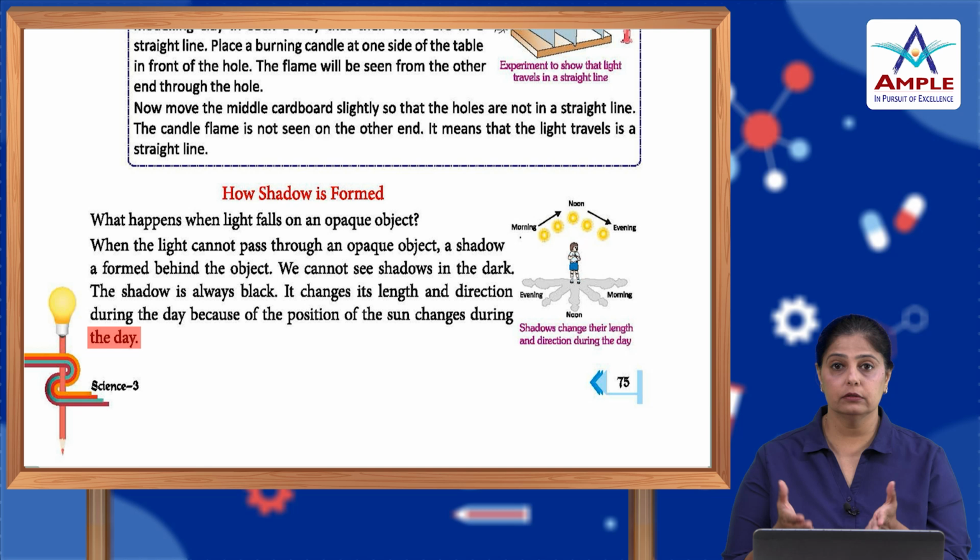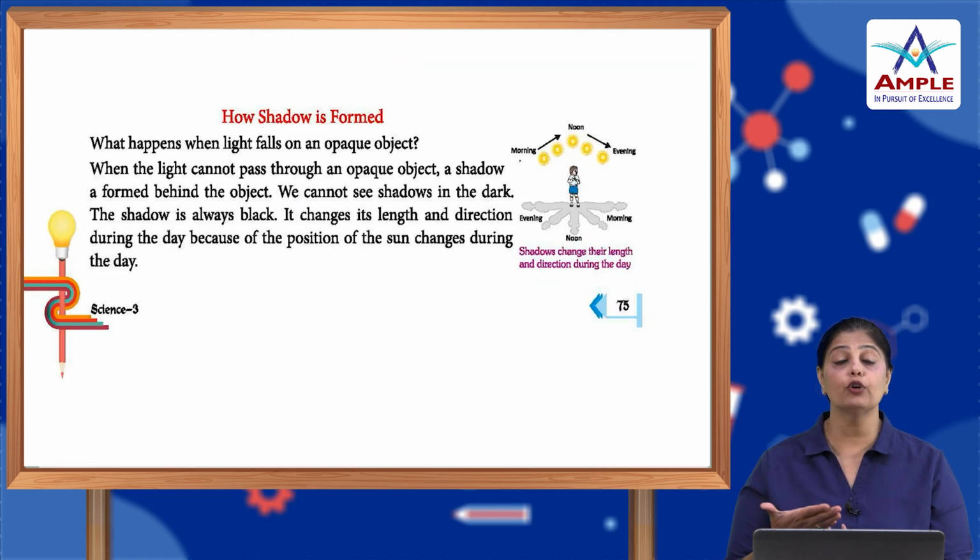You are an opaque object, so the sun's light is not able to pass through you, and that is the reason why your shadow falls behind you. So this is a natural phenomenon. Now there is a time during the day when your shadow is the shortest, and that's because of the movement of the sun.